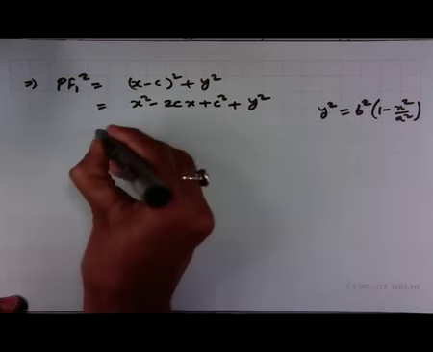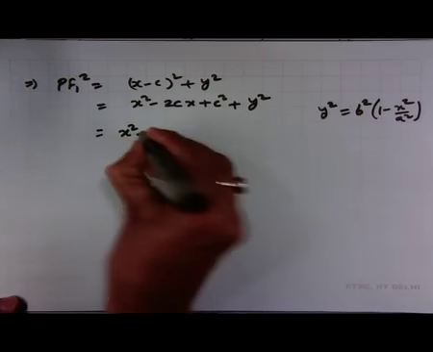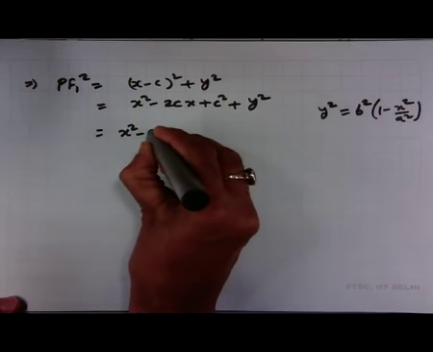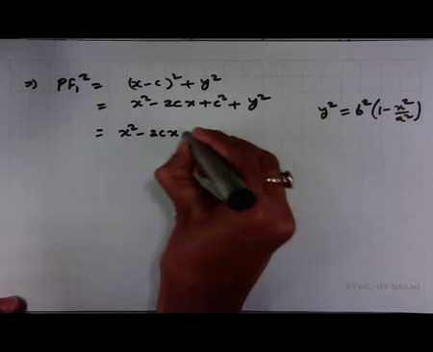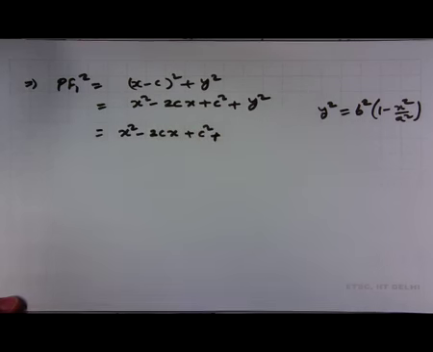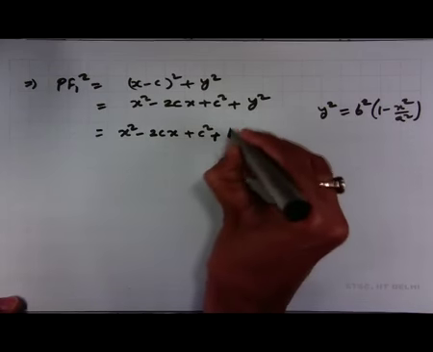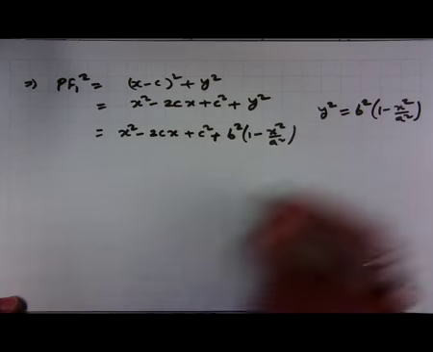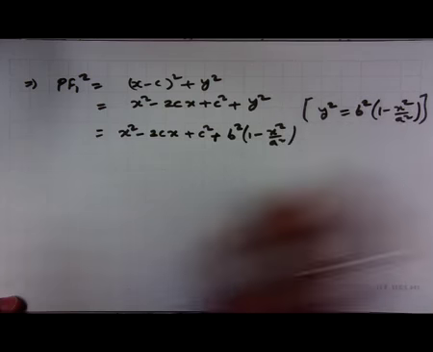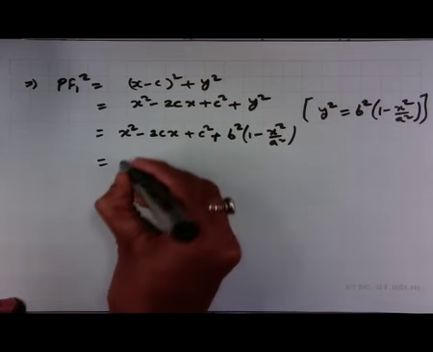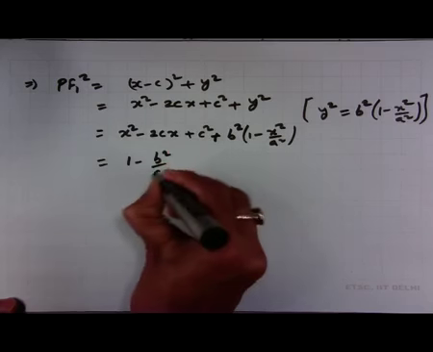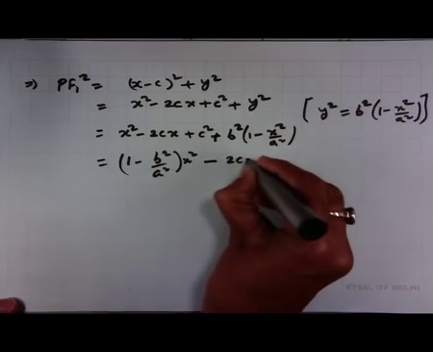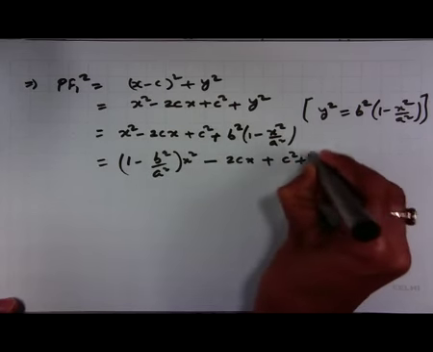So, let us put this. This gives x square minus 2cx plus c square plus y square is b square times (1 minus x square by a square). So, this gives (1 minus b square by a square) x square minus 2cx plus c square plus b square.